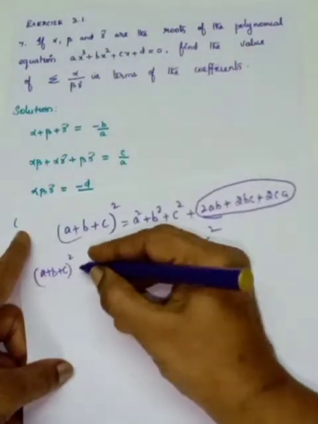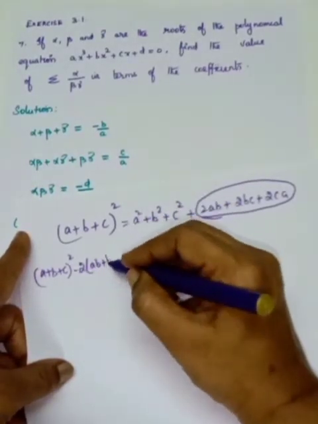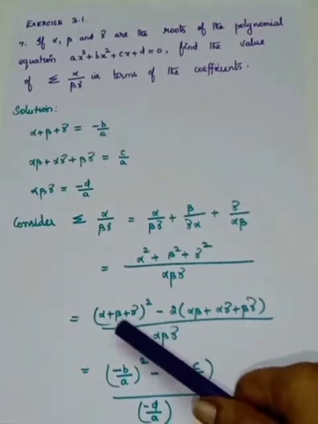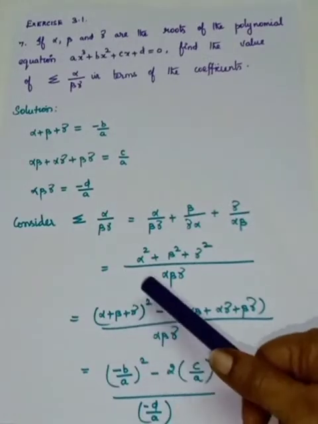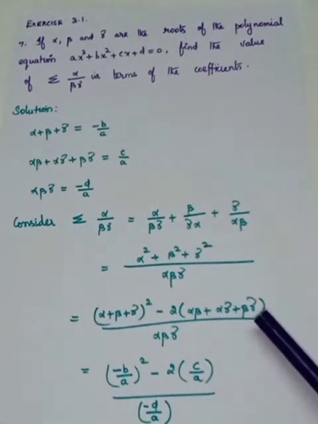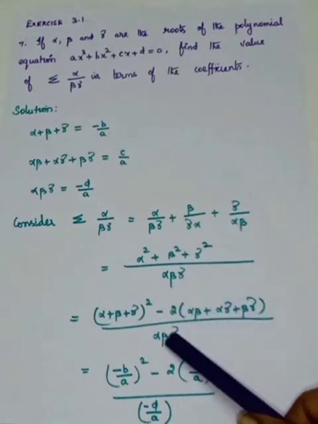When you take it to the other side, it is minus 2 into ab plus bc plus ca. That formula we are going to apply here. Therefore it is alpha plus beta plus gamma the whole square minus 2 into alpha beta plus beta gamma plus gamma alpha, divided by alpha beta gamma.